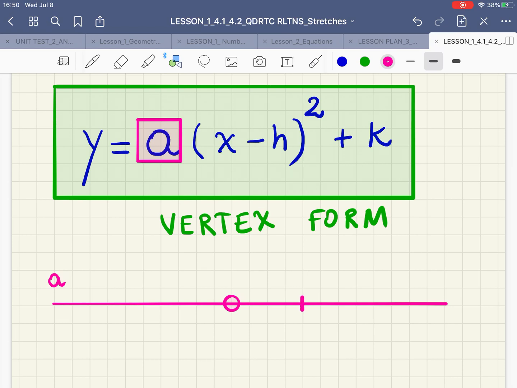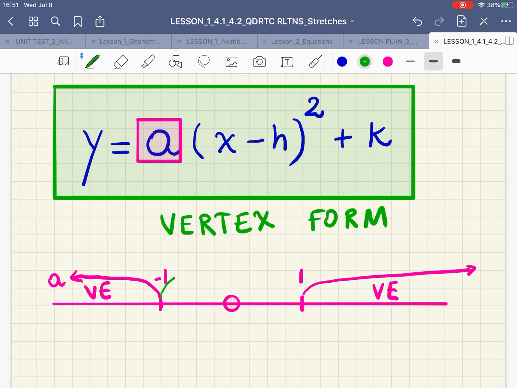If a equals 1 or negative 1, the shape of the parabola hasn't changed. But if the a values exceed 1 or are less than negative 1, the parabola undergoes what we call a vertical expansion. So they become taller.